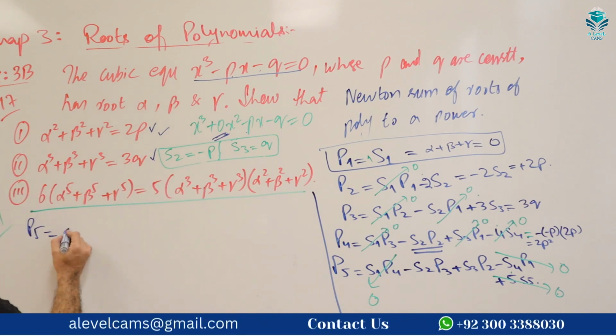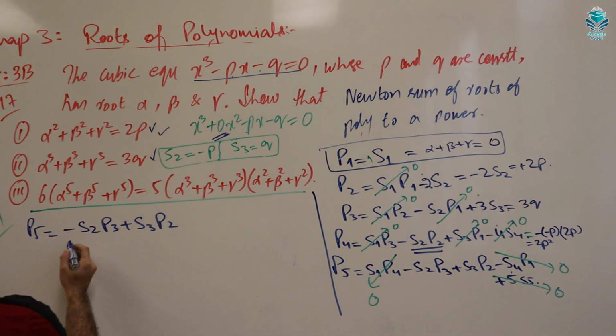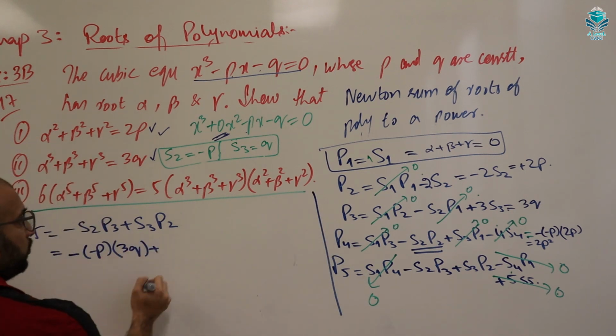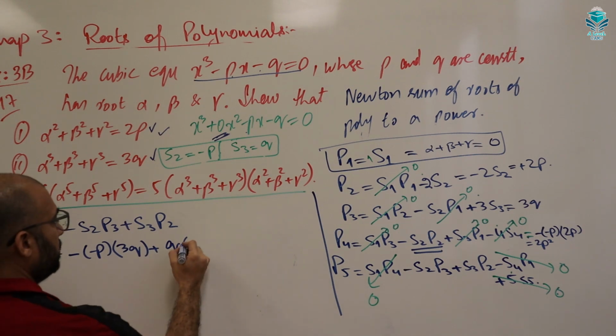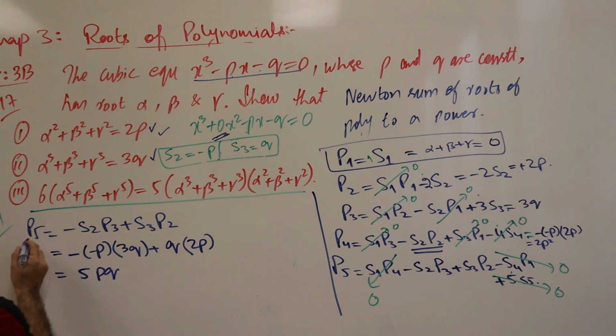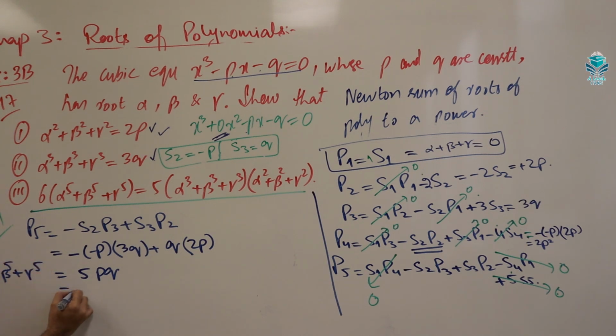We have minus S2 P3, minus S3 P2. Substituting values: what is S2? Minus p. What is P3? 3Q. What is S3? Q. What is P2? 2p. You have 3 and 2, so 5pq, which is P5. P5 is alpha 5, beta 5 and gamma 5, which is 5pq.